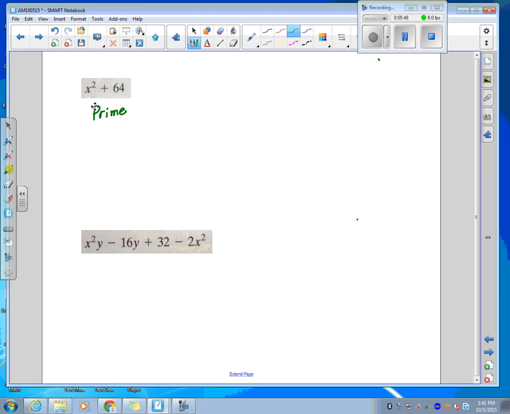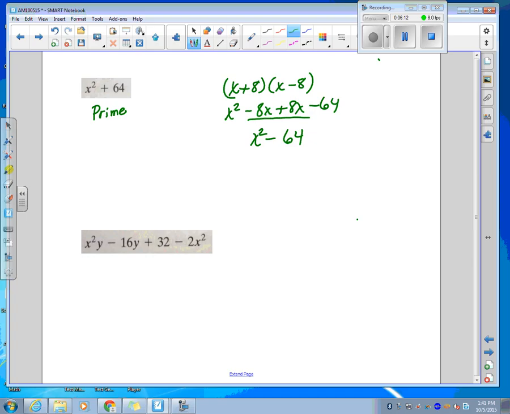So let's just kind of do a test. If this was the case, would I multiply them back to get that? This would be x squared. This would be minus 8x. This would be plus 8x. And this is going to be minus 64. So while these two middle ones do cancel, I get minus 64, not plus.